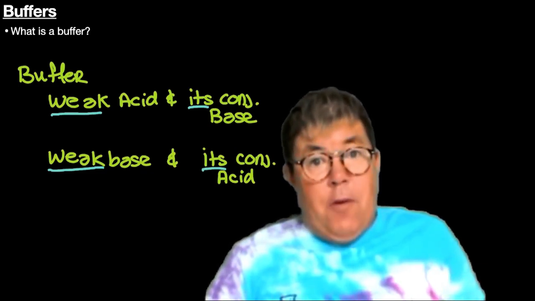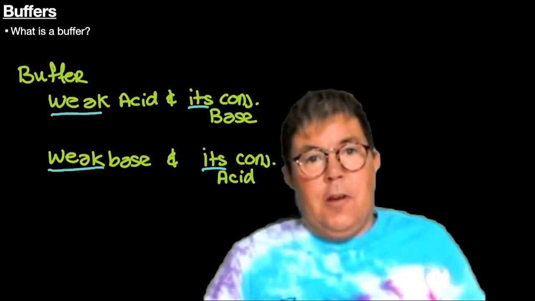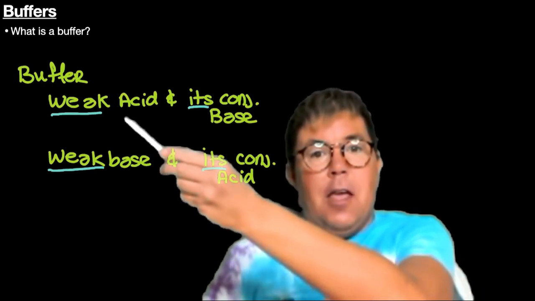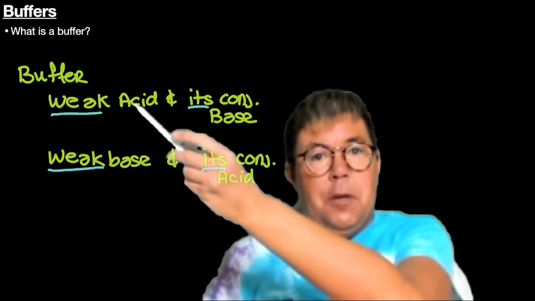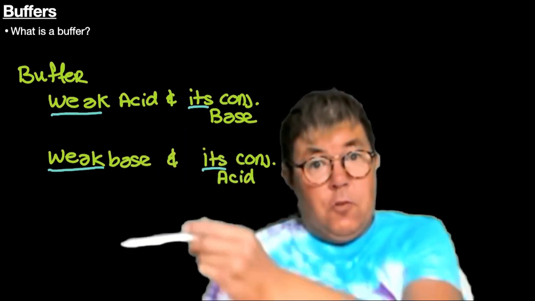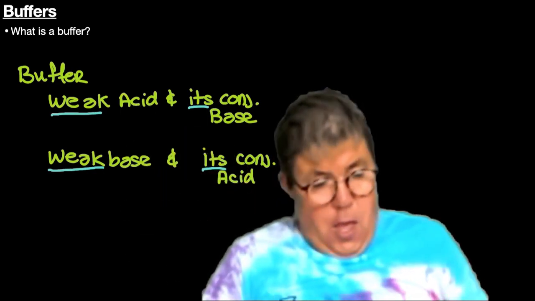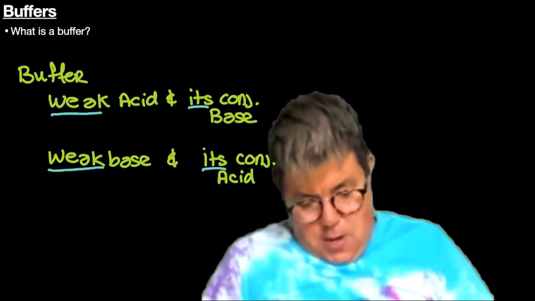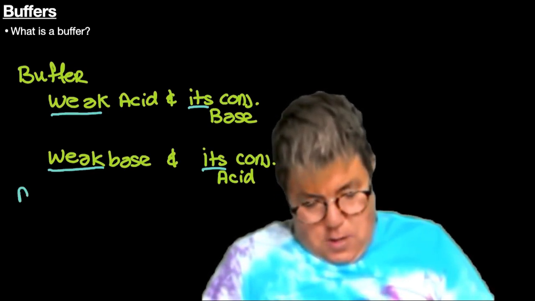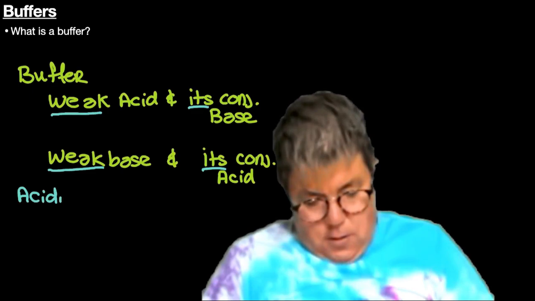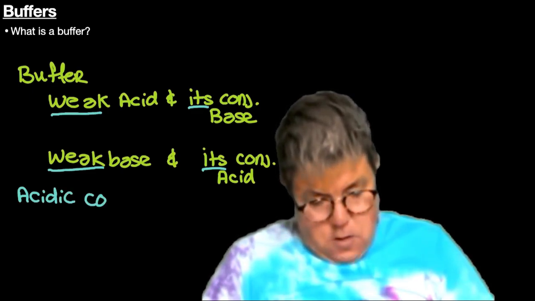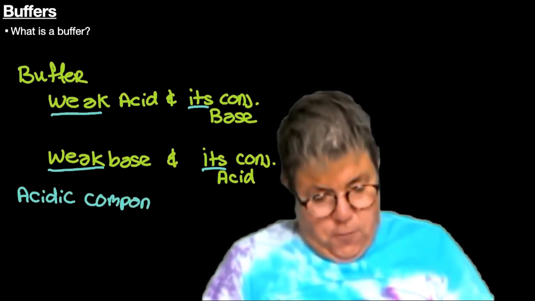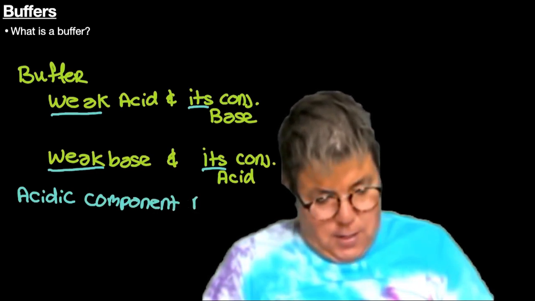So when we have a weak acid, the change in concentration of a weak acid is not going to change the pH very much. Same thing is true for a base. So the acidic component of a buffer reacts with base.